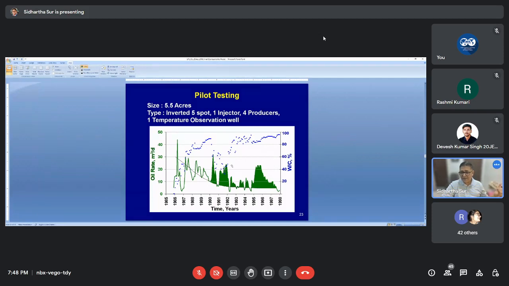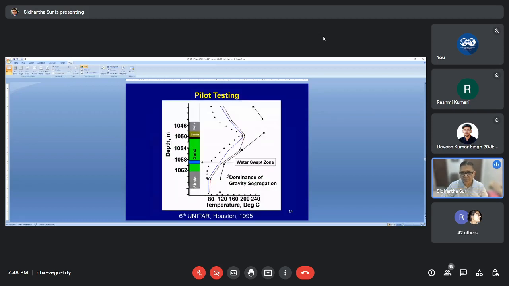So this pilot demonstrated that in the presence of strong aquifer at a depth of 1000 meters, viscosity of 100 to 150 centipoise, oil production can be enhanced significantly. Aquifer can be arrested, and it can be now expanded for commercial operation.